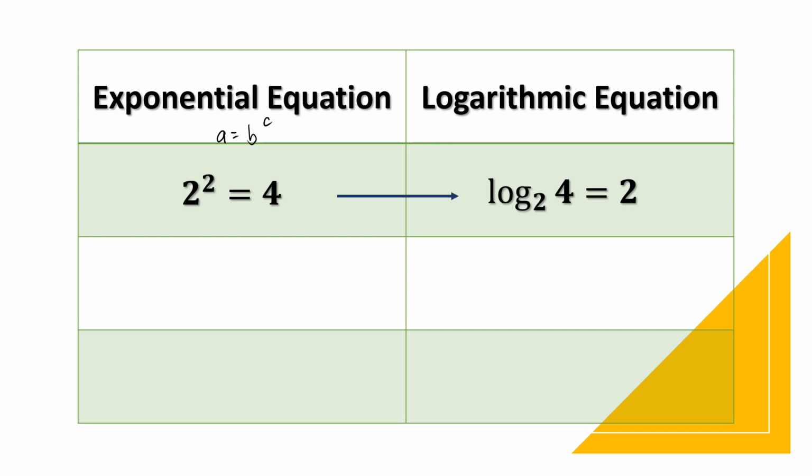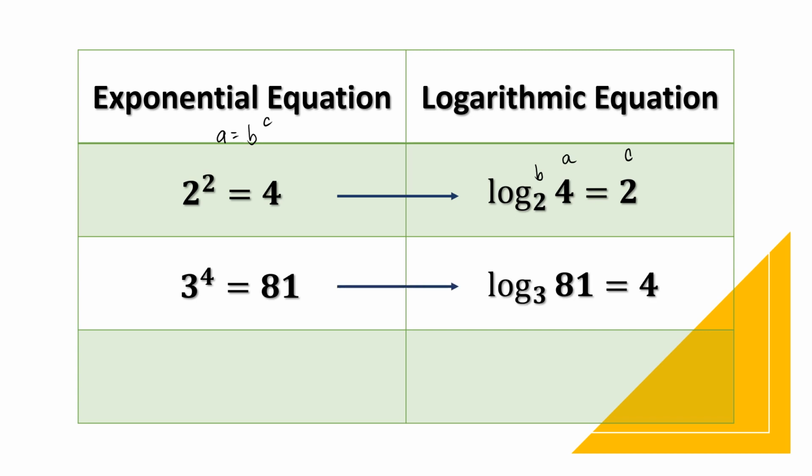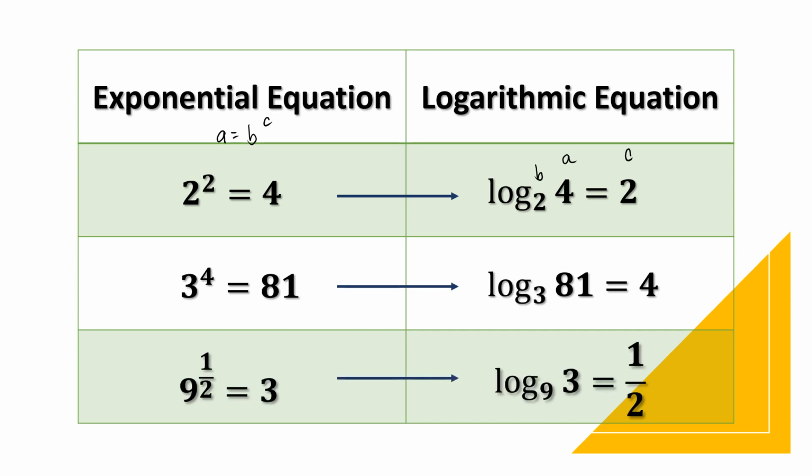As you notice, 4 is the value of a, the base 2 is the value of b, and 2 is the c, which is the exponent. Now let's see other examples. We have 3 raised to 4 is equal to 81. In logarithmic equation, this is log of 81 with base 3 is equal to 4. 9 raised to 1/2 equals 3. Log of 3 with base 9 is equal to 1/2.